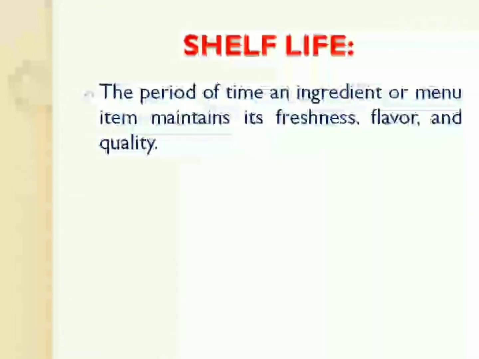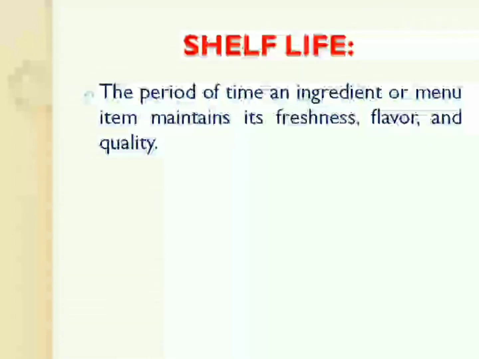The next is shelf life. The period of time an ingredient or menu item maintains its freshness, flavor and quality. When we talk about the shelf life of items or ingredients, there are two types: the first is perishable and the second is non-perishable. The perishable items have a short life, and non-perishable items have a long life, and that is totally denoted by the freshness, flavor and quality of the ingredients.